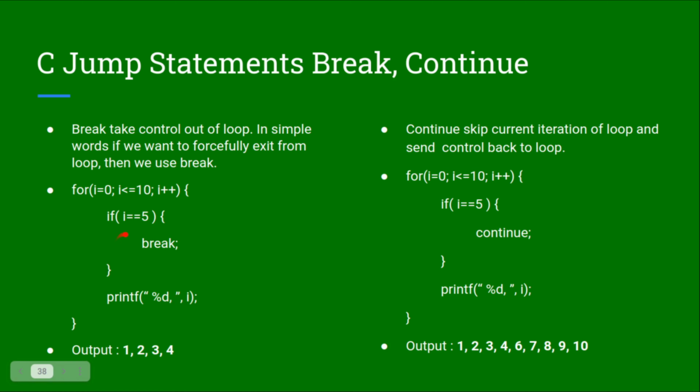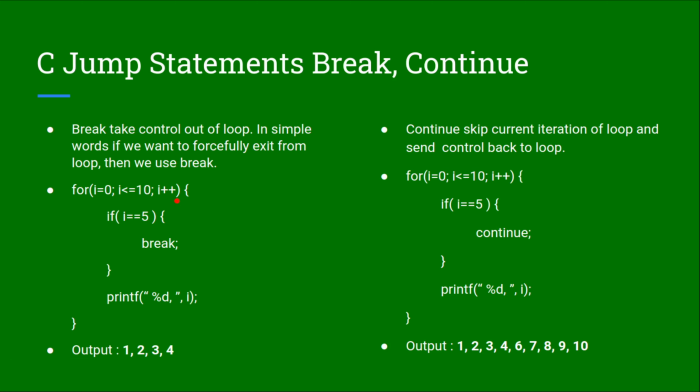So what will be the output? 1 2 3 4. Why? Whenever i is 5, this condition will be true, the control will come to break, and when we execute break, we will go out of this loop. So the program will print only 1 2 3 4. At 5 it will come out of the loop and go after the for loop. That is the reason it will not print 5 or anything after 5.